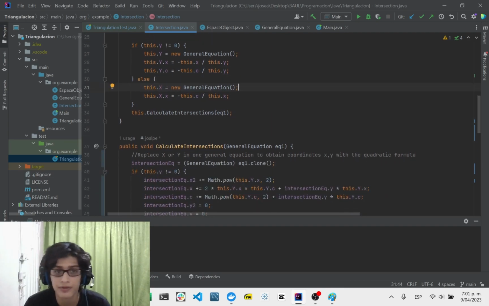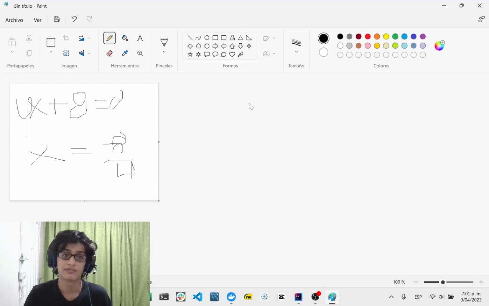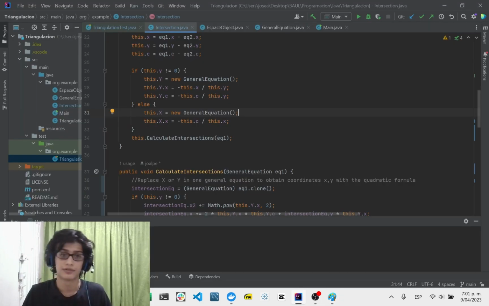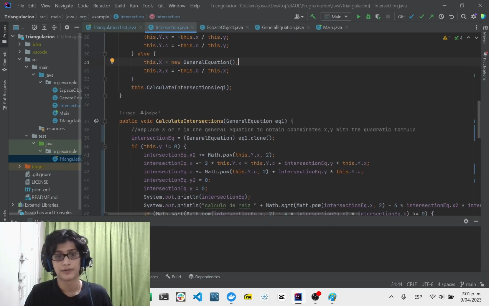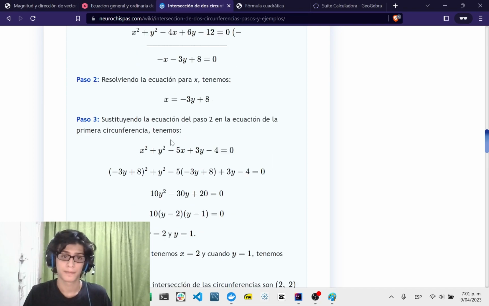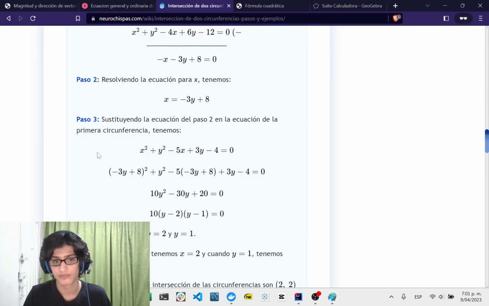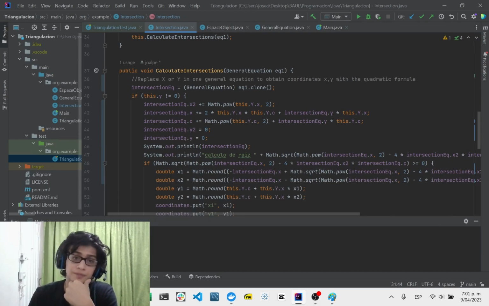Okay, let's continue. With that, when I have the y or the x clear, I'm going to replace the x or y in one general equation of a circumference. So we can use the first general equation, like I do here.